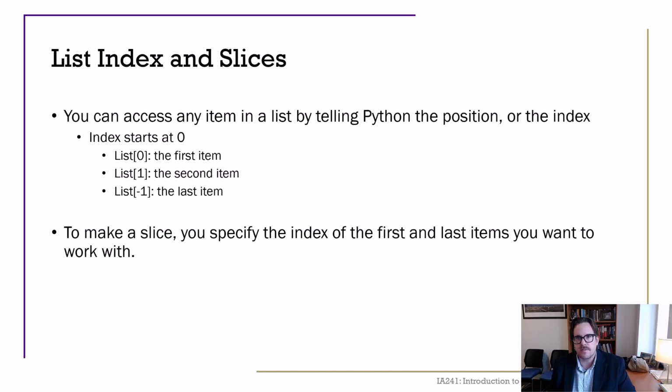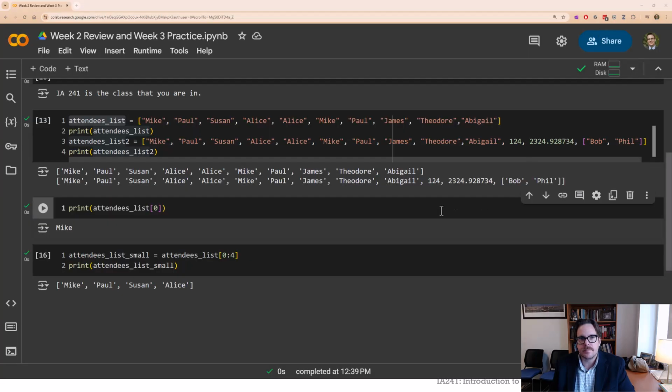So if I want to reference the first thing in my list, I have to type in 0. Okay? And so if I want to make a slice, or if I want to print something specifically from the list, or make a combination of a smaller list that comes from the bigger list, if I want to slice it, I need to specify where my first item is and where my last item is. Okay? Let's take a look at that.